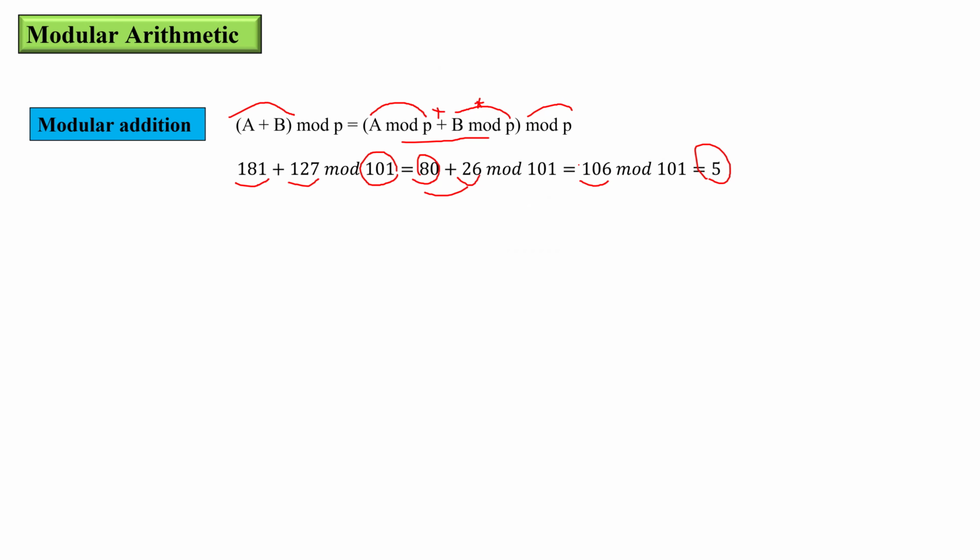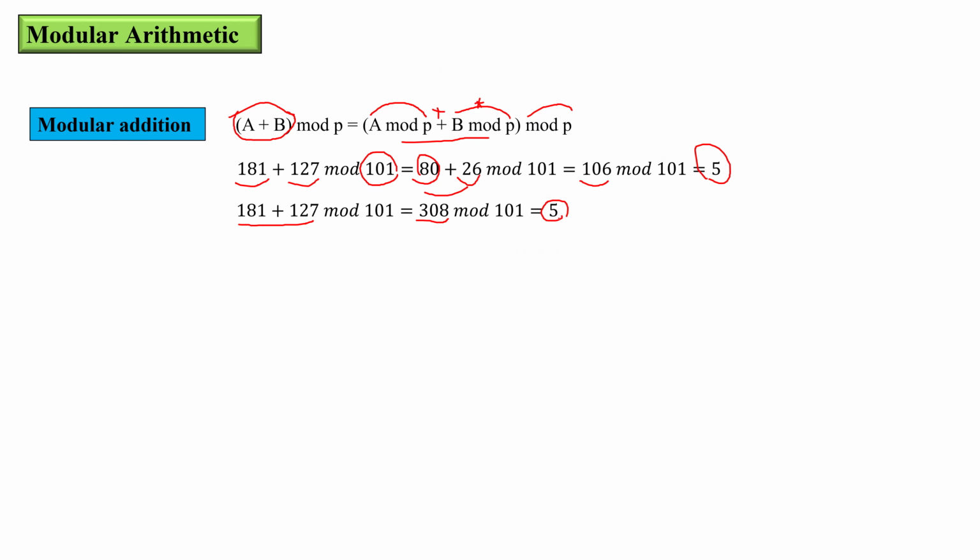Now the left method. The left method says that you can add the two values first to each other. So let's add these two values. This equals 308. And then compute mod P, which is mod 101, and that equals 5.